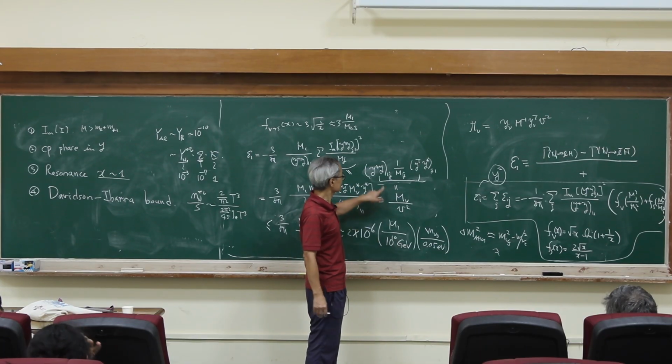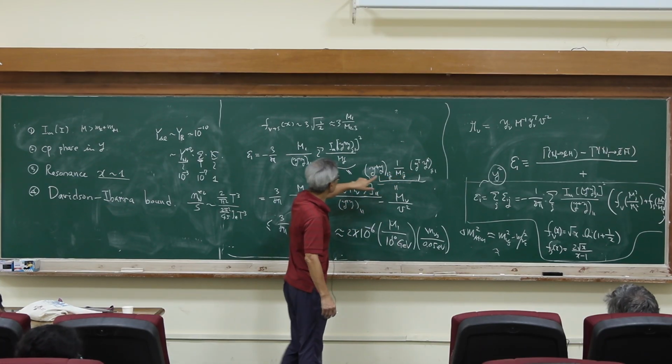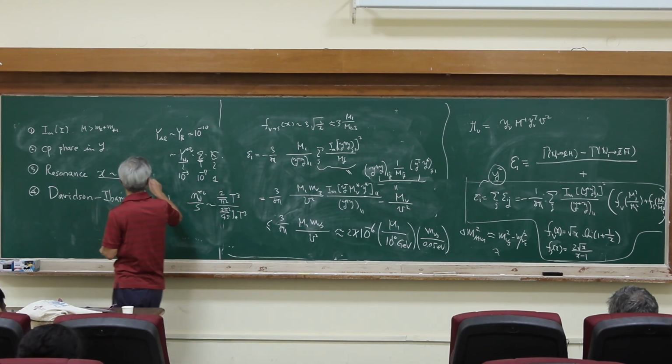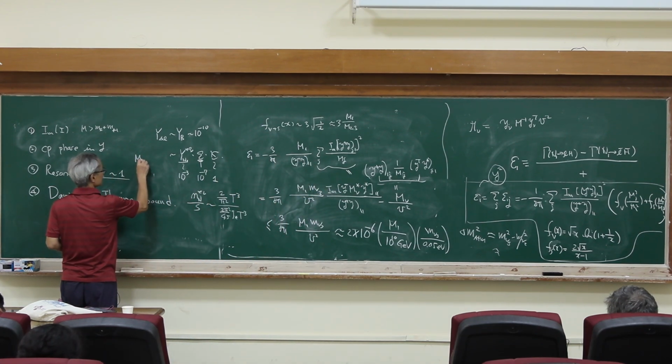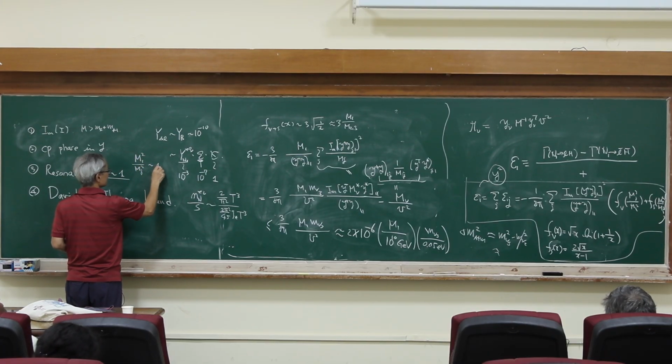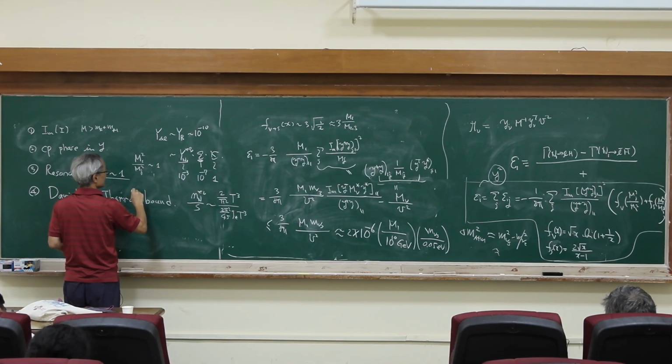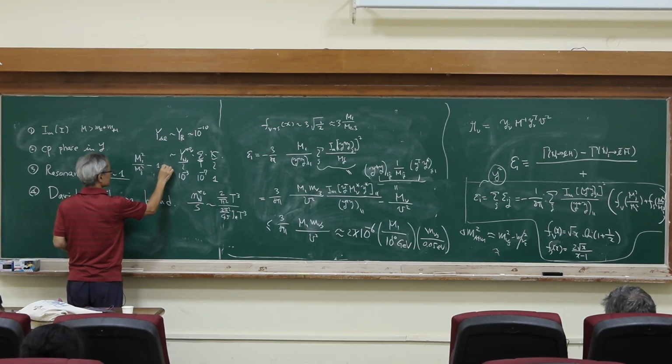So for the resonance effect, you need x, which was this one, close to 1, must be 10 to the minus 7.